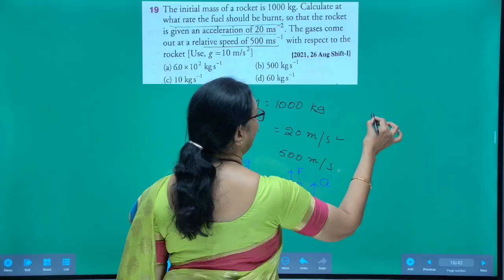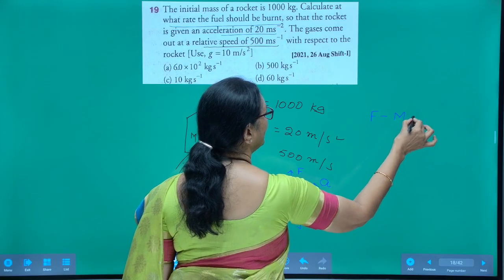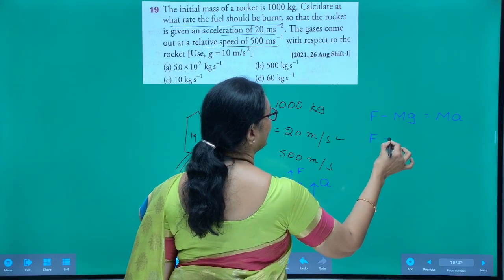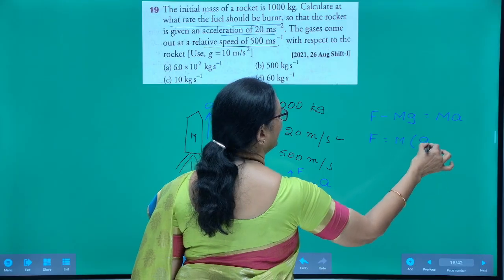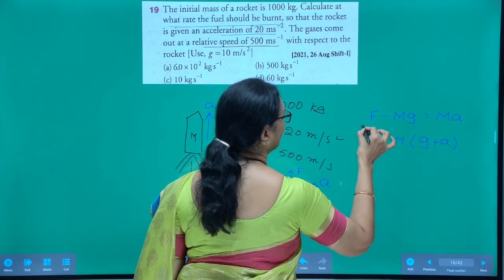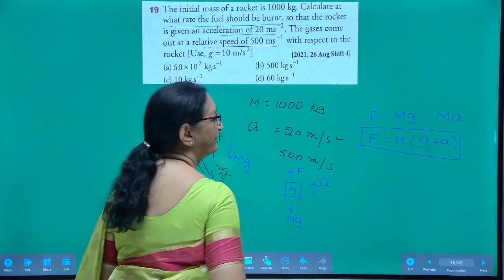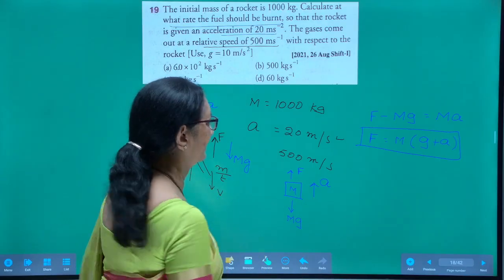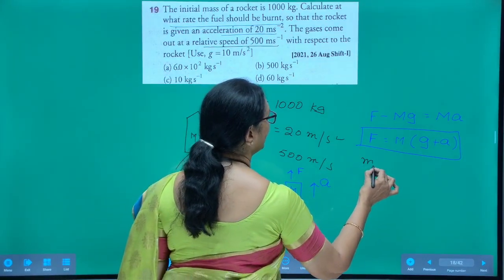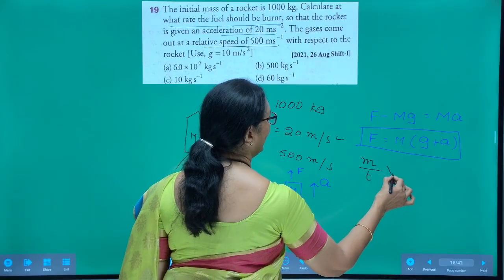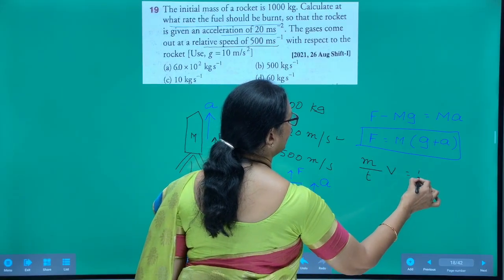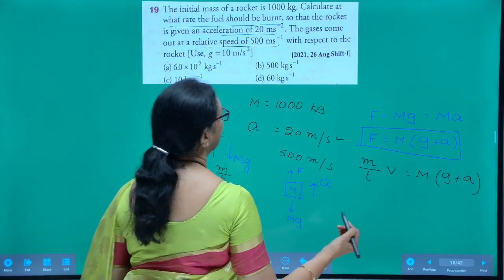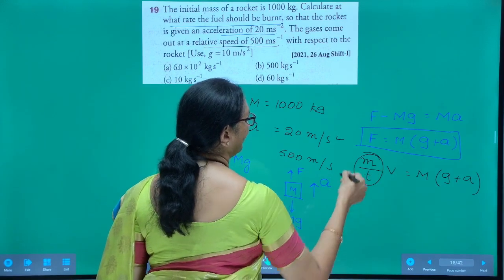So, F minus mg is equal to ma, or F is equal to m into g plus a. That is the net force acting on the rocket to create an upward acceleration. But this is due to the ejection of hot gases, m by t into v, that is equal to m into g plus a. Now, just substitute. You are supposed to find this.